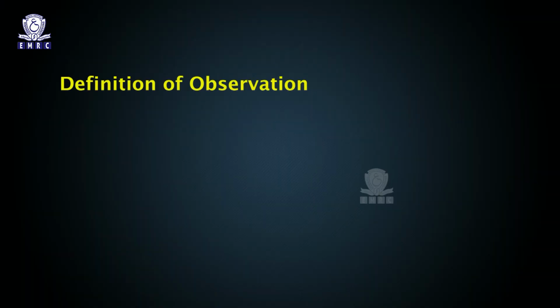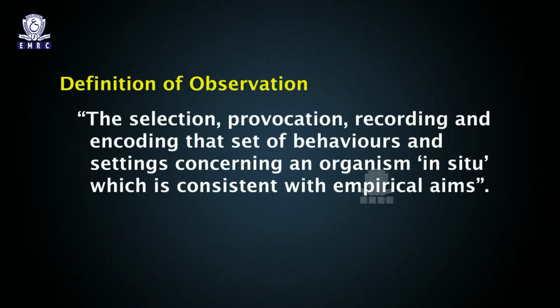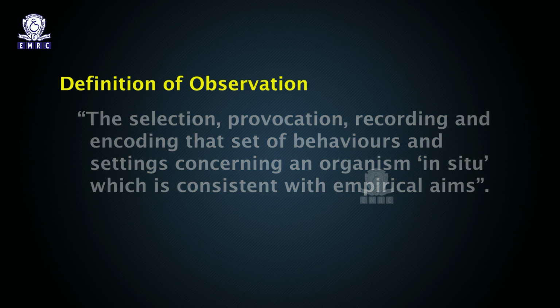Now, we'll understand the definition and meaning of observation. Observation has been defined as the selection, provocation, recording and encoding of that set of behaviors and settings concerning an organism in situ which is consistent with empirical aims.